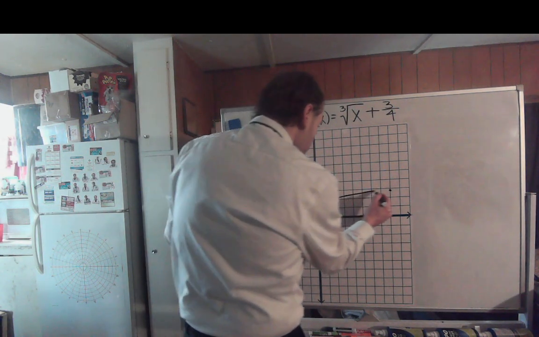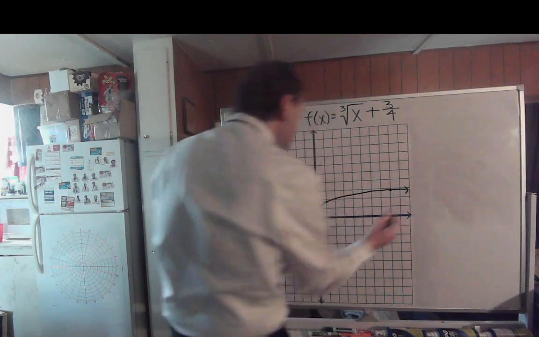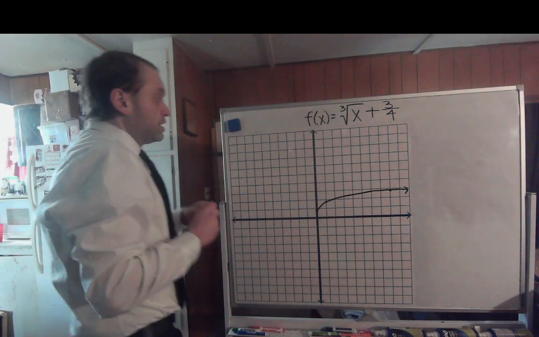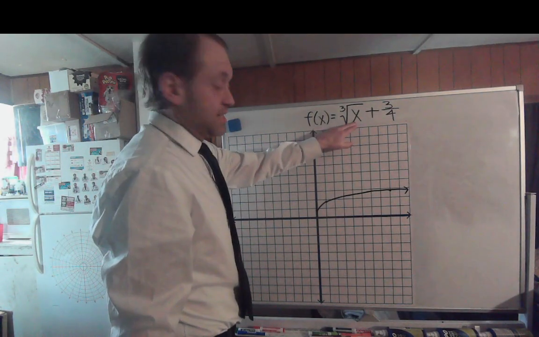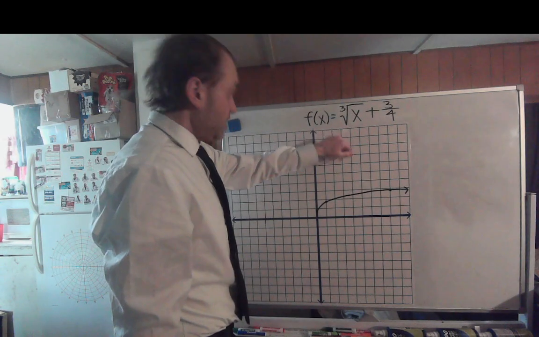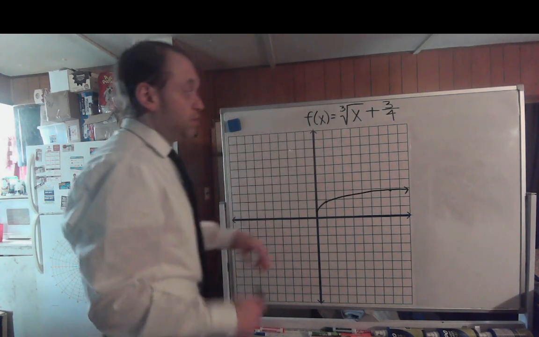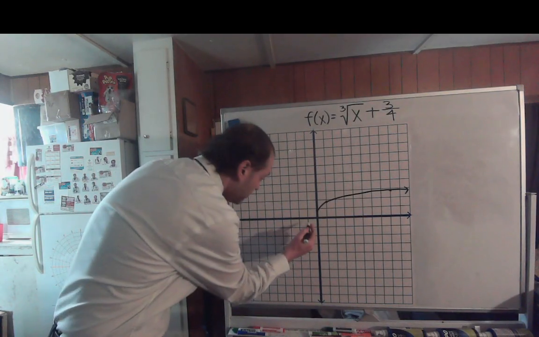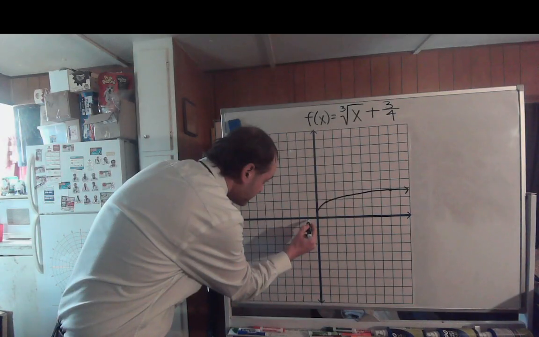So let's draw the right branch of this. All right, now let's go to the left. When x is -1, cube root of -1 is -1. -1 plus 3/4 is, well, -1/4. So that's going to put you right about here.